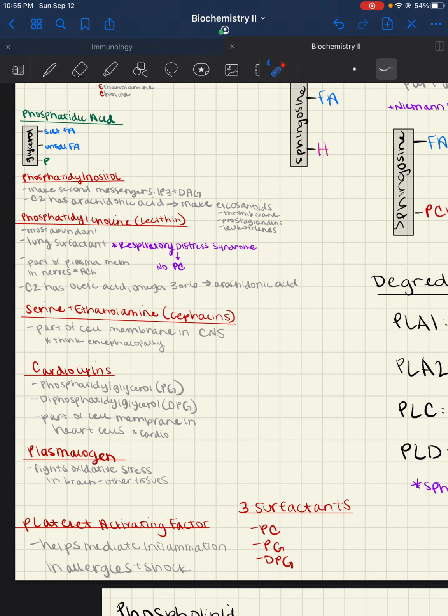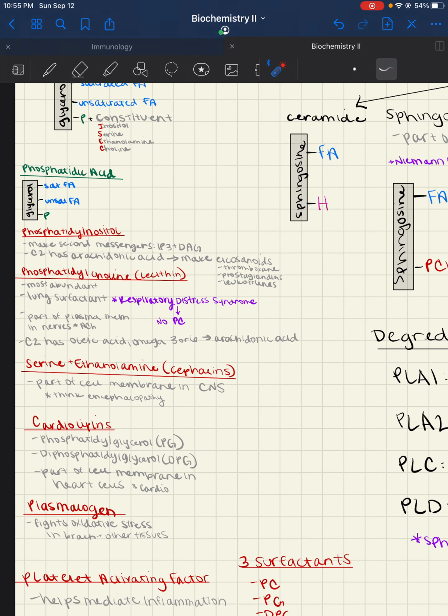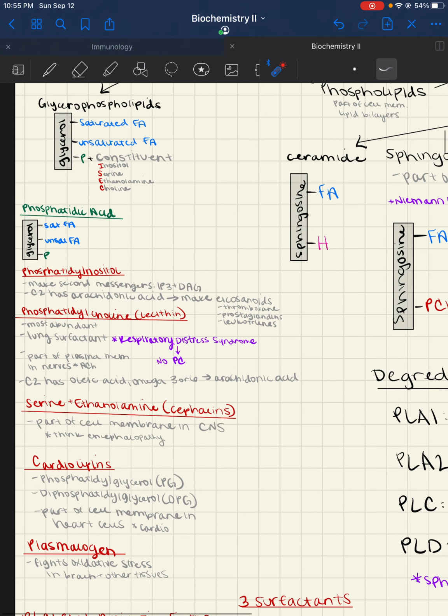So phosphatidic acid, so whenever you put inositol as the constituent, the name of the glycerophospholipid will be called phosphatidyl inositol. If you put serine as the constituent, it'll be phosphatidyl serine, and so on.